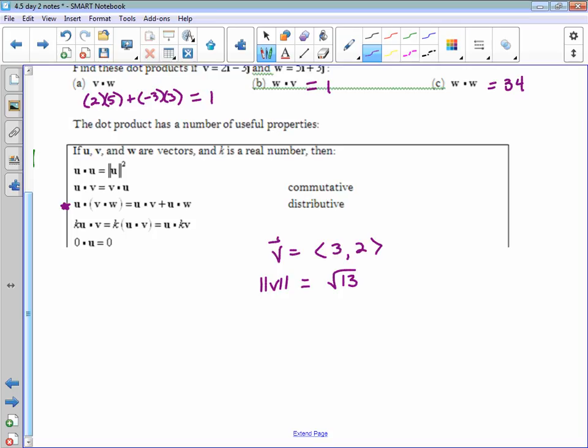So if I want to show this, let's do v dot v then. What would we get? How do I do that? Do I get 13? Is that going to be the same as the magnitude squared? Yes? Okay. So that's just another way you can think about that.